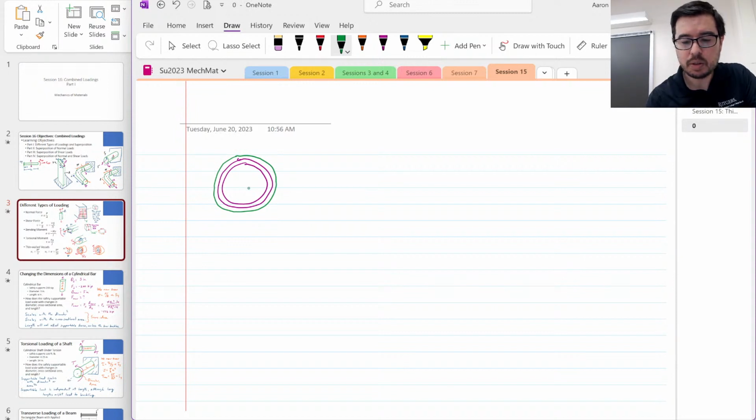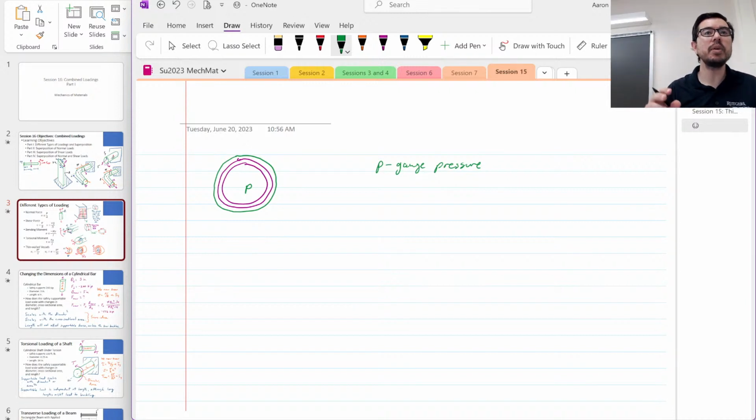And what we're saying is there's some internal pressure P, okay? And that is relative to the outside, right? So this P is the gauge pressure. Gauge pressure means it is relative to the outside. Okay, yeah.